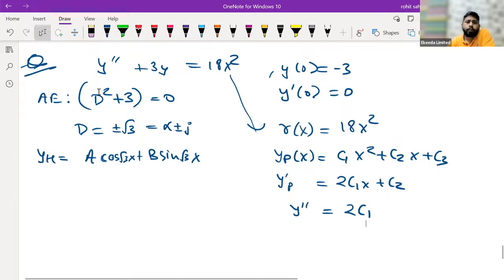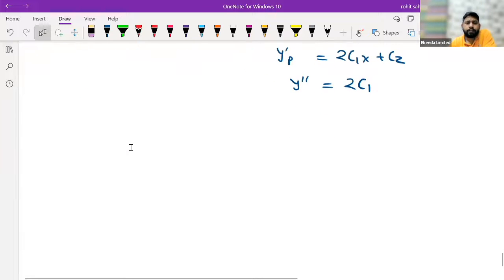Fine. Now let us go back to the equation. जो equation यहाँ आपने लिखा है, और यहाँ पे particular solution के लिए हम ये condition डालेंगे so that we can find those coefficients. So y double dash plus 3y.